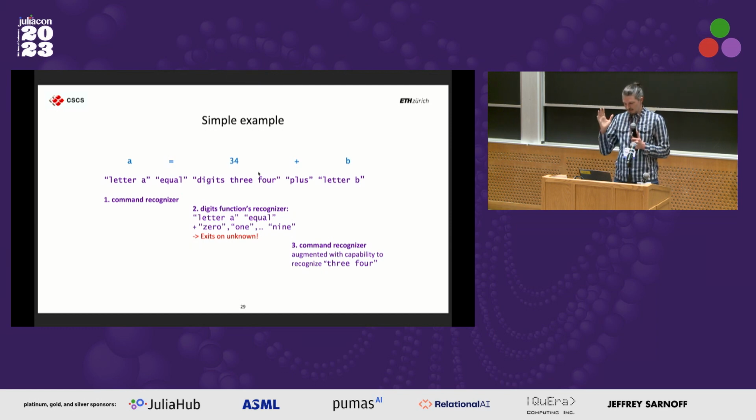And then this digit function will exit when it doesn't understand the next word. And we will go back to a command recognizer, which in addition to what it was able to understand before, would also be able to understand the digits that were just said. And so still guarantee a smooth transition between recognizers.